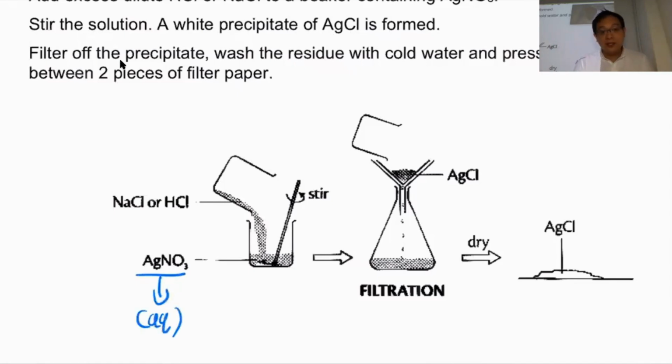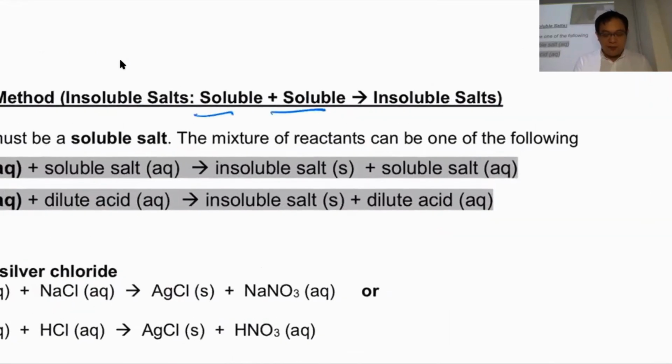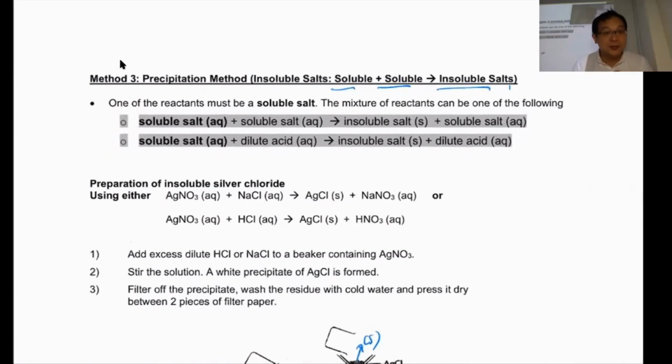NaCl and HCl, they are soluble. So this is soluble plus soluble together to give you insoluble salt. That's why, if you take a look at the summary table, soluble plus soluble gives you insoluble salt. This is how you do it.